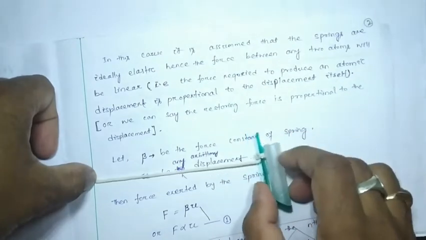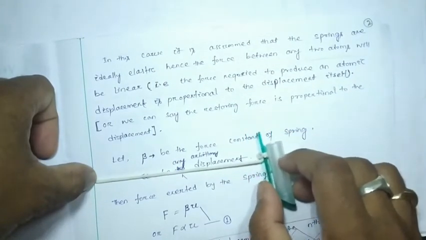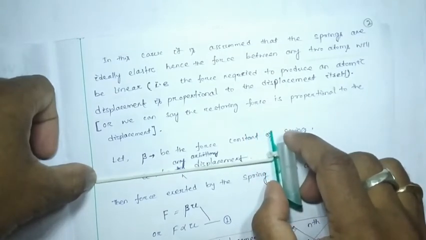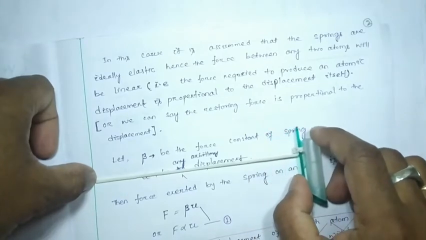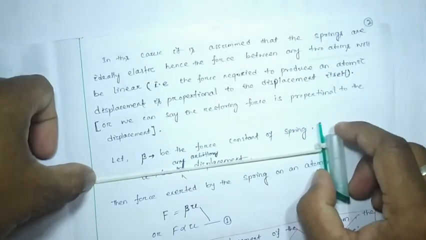That means how much I displace, that much force is required. Suppose I displace it 1 centimeter. What force is required? If I displace 2 centimeters, another 1 centimeter, then more force is required. Another 1 centimeter, then more force again.